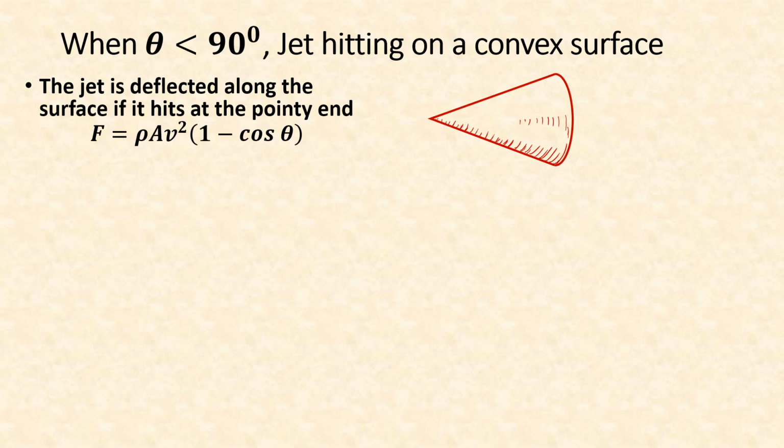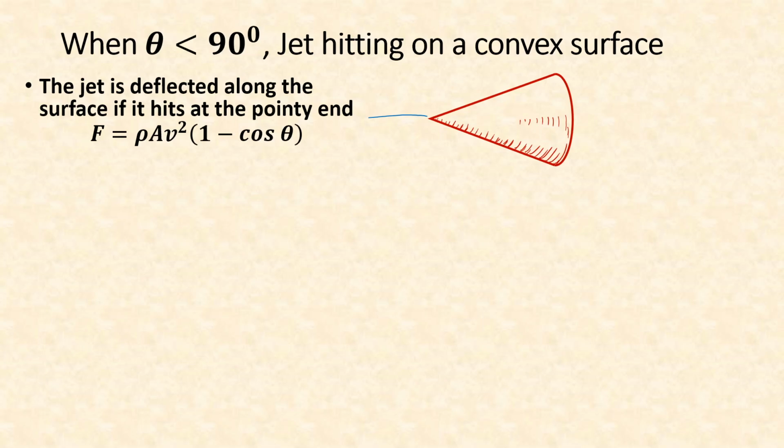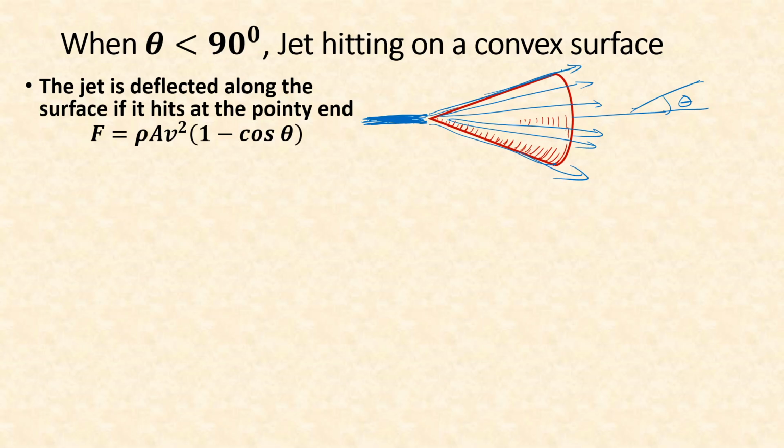So in this case, if we consider a jet striking this plate right at this pointy end, then you can imagine what will happen quite easily, because the water will be spread along the surface like this in all the directions, and whatever was the inclination of this surface with the axis of the jet, suppose theta, based on that we can find out F equals rho a v square (1 minus cos theta).